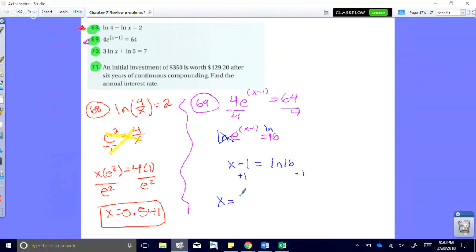So to find x, I'm going to take the natural log of 16, get an answer, and add 1 to it. So again, natural log of 16 is 2.77, plus 1. So my final answer is 3.773.